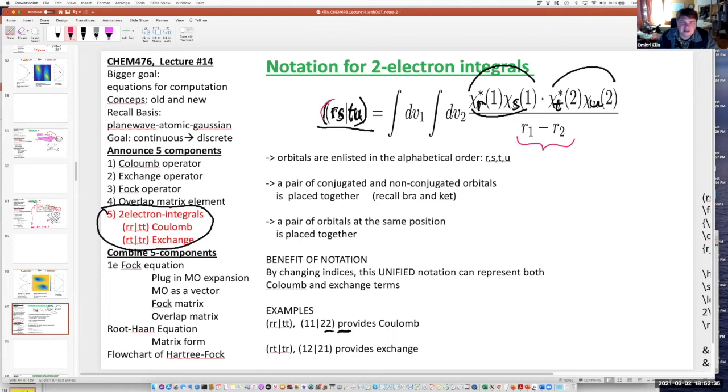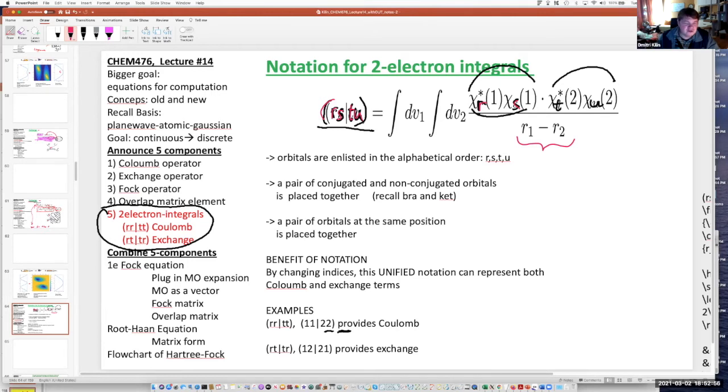And if the indices instead of first and second states are labeled with letters, let's say RSTU, they use this notation with curly brackets RSTU.